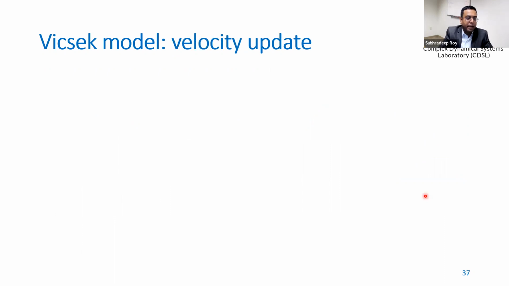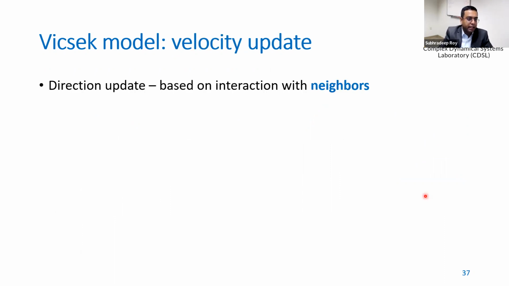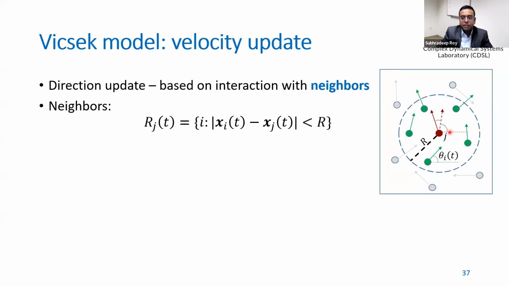The velocity update is where the interactions occur, and to update its heading direction, each agent identifies its neighbors. How are neighbors defined? Let's say we have an agent j, the particle in red, and we define its sensing region as a circular region, drawing a circle of radius r surrounding it.